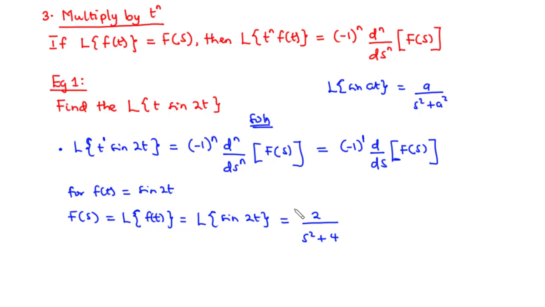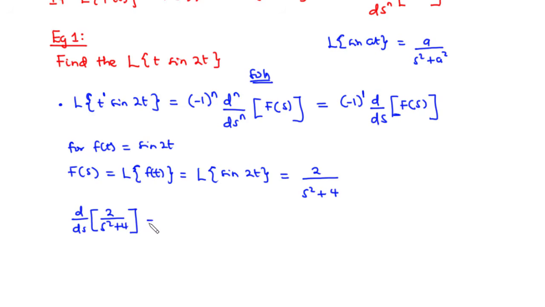So that is the Laplace transform of sine 2t. So we are going to fix this Laplace transform in here, and then we try to find the first derivative of it, and then we multiply by -1. So let's find d/ds of 2 over s squared plus 4. Now we can represent this as d/ds of 2 times (s squared plus 4) exponent -1.